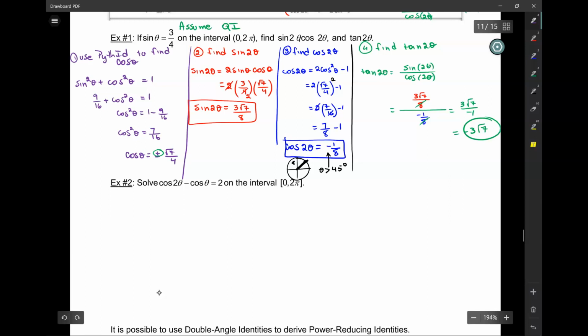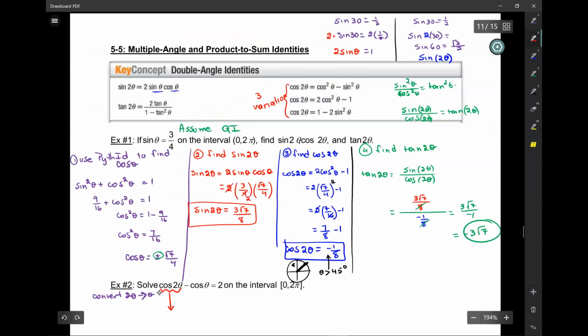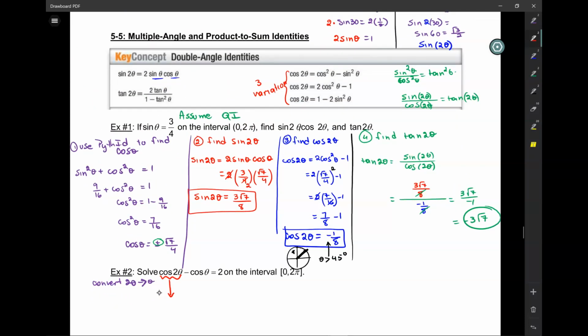So convert 2 theta to theta. If only there was an identity that converted cosine 2 theta into a single angle. Is there? There is. Now, cosine 2 theta has 3 alternatives, right? Which one am I going to use? First, second, or third? Why the second one? Right.